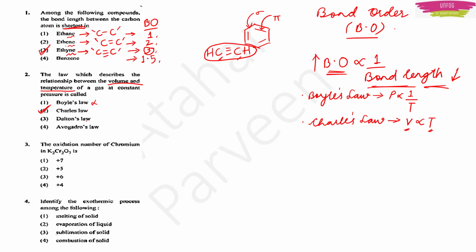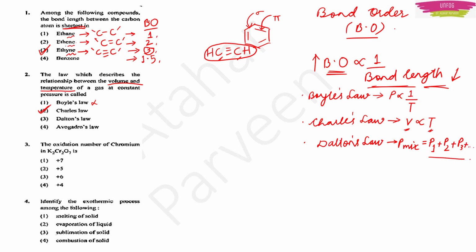The third option, Dalton's law, and the fourth option, Avogadro's law, cannot be the answer. Dalton's law gave us the law of partial pressures. What Dalton's law of partial pressure says is that, for example, if you have a mixture of gases, the pressure exerted by the mixture will be equal to the sum of the pressures exerted by the individual gases: the first gas, the second gas, the third gas, and so on.